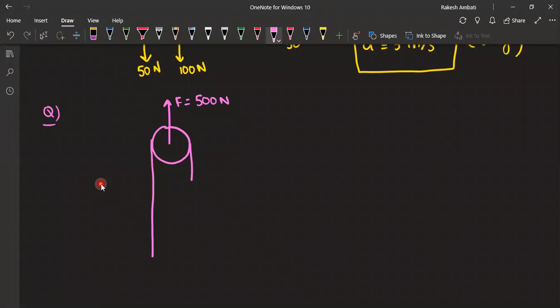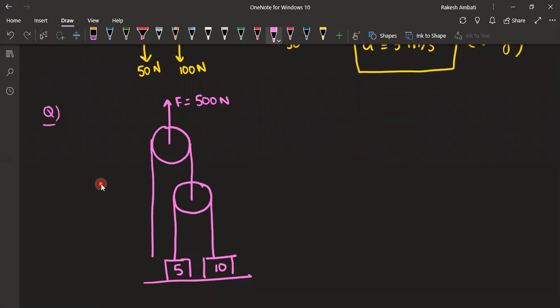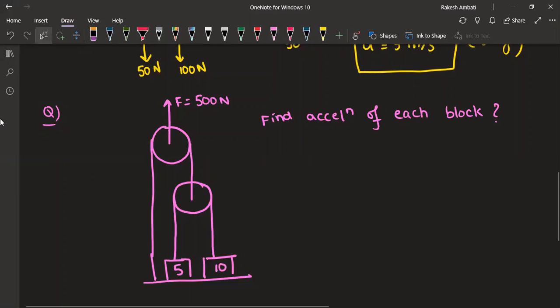Then we have another pulley here, and this block has mass 5 kg and this block has mass 10 kg. The question is: find the acceleration of each block. Write down the question.